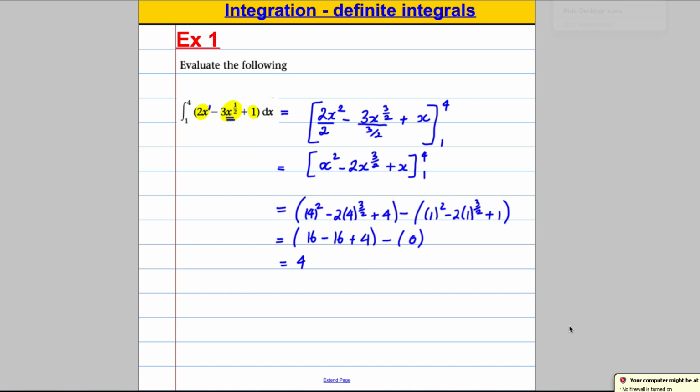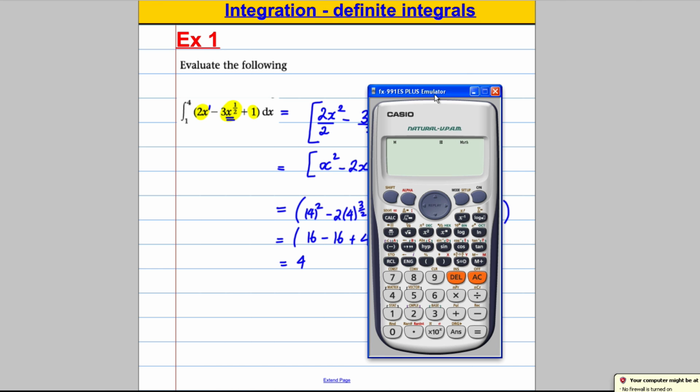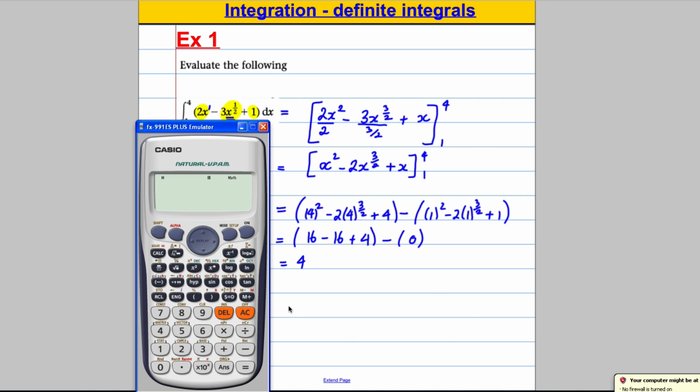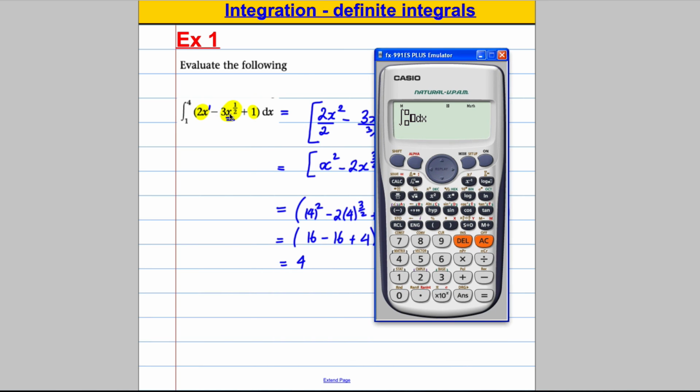Now, if you've got the FX 991 ES calculator that I recommend to my students, this actually does indefinite integrals for you. You are allowed it in the exam because it doesn't do symbolic integration. And see here, you can press that button, integral. And what were we integrating? 2x, so 2 alpha x, subtract 3 alpha x to the power of a half.